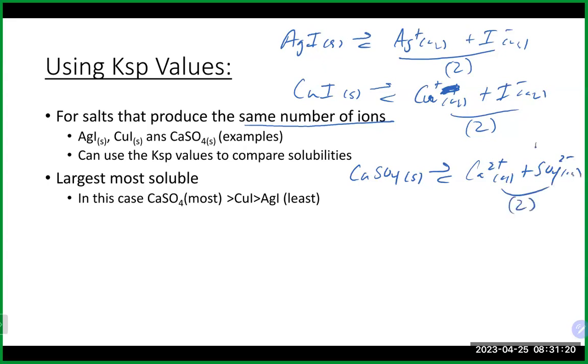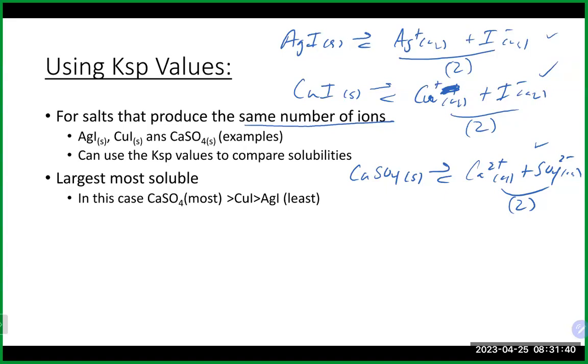So because these break apart into the same number of ions, you can go to the Ksp table, look at the Ksp values, and use it to determine which one would be more soluble. And the one that has the larger Ksp value would be more soluble.